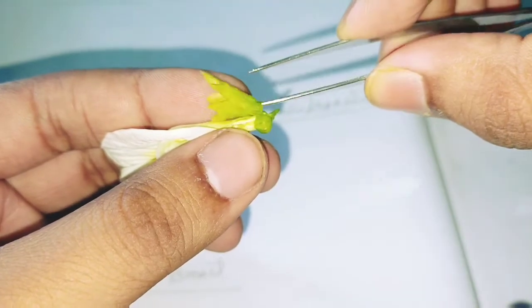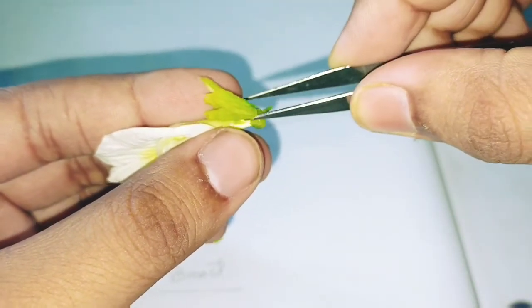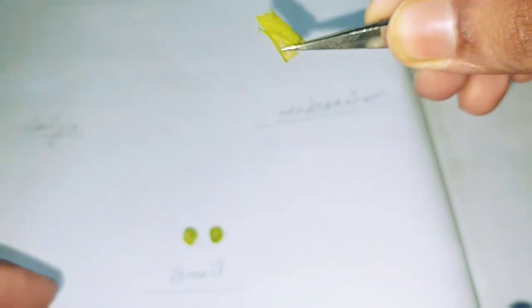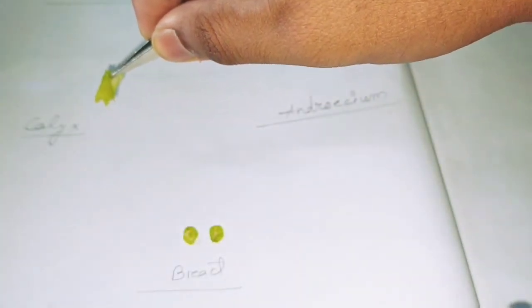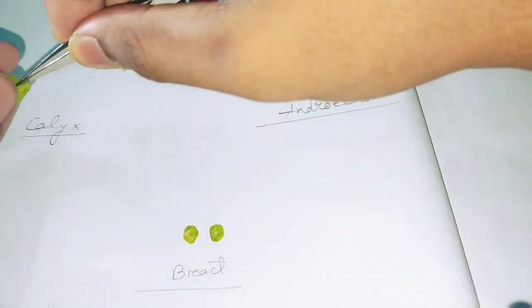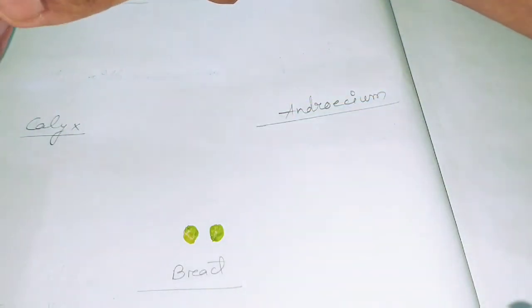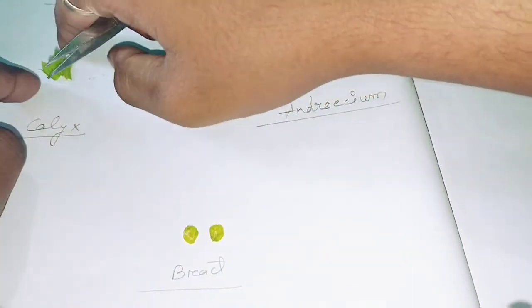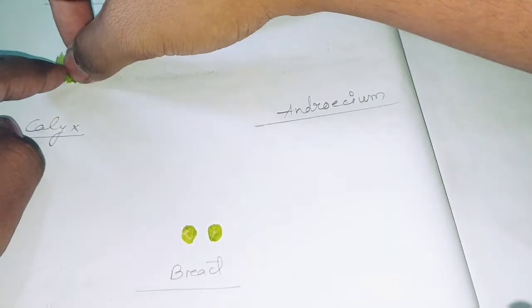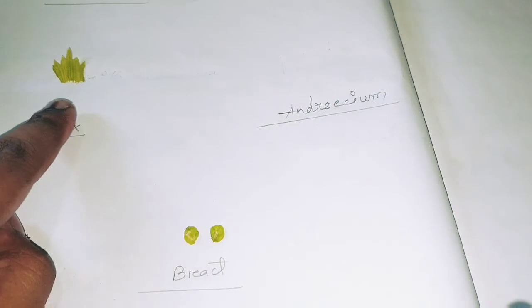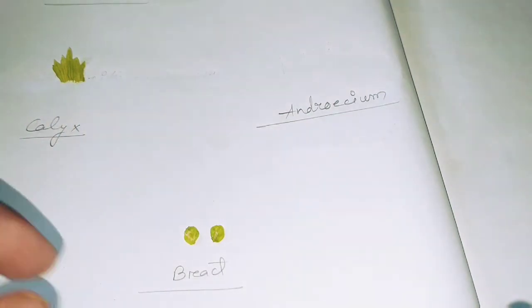Then slowly, with the help of forceps, remove it. I have removed it. Then keep it under its respective name, calyx. I have kept the calyx under its respective name.